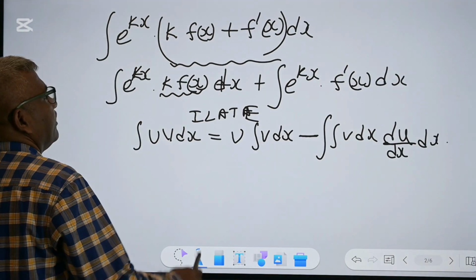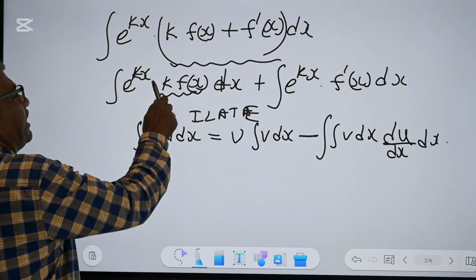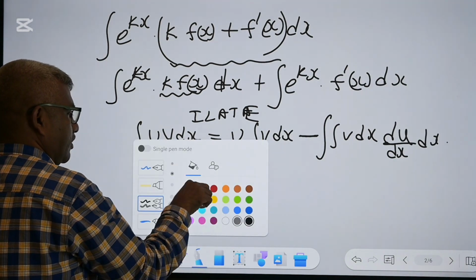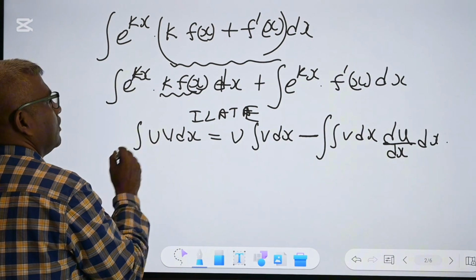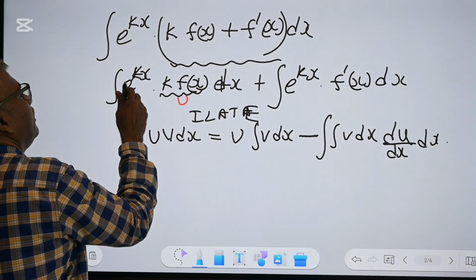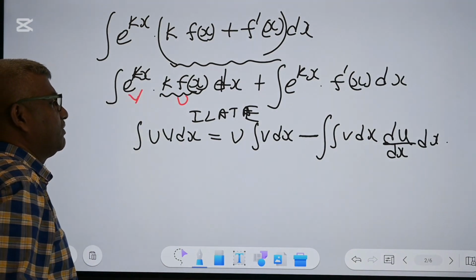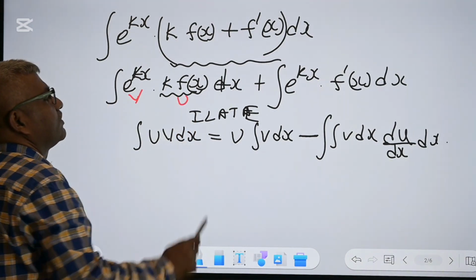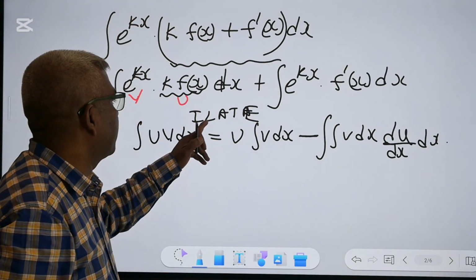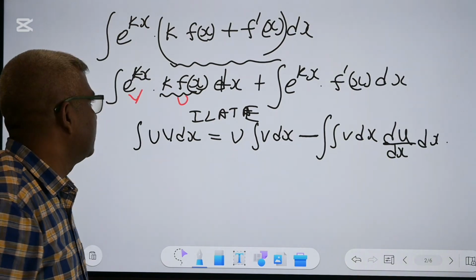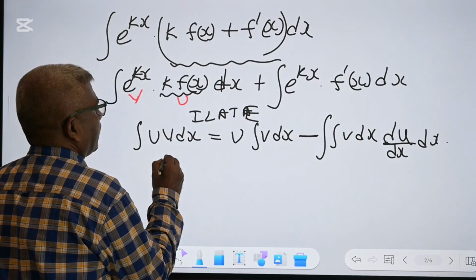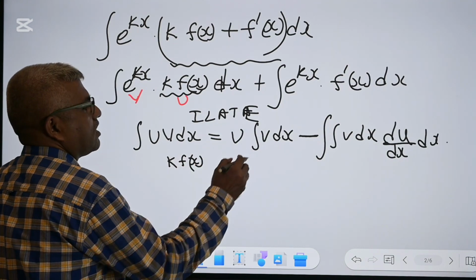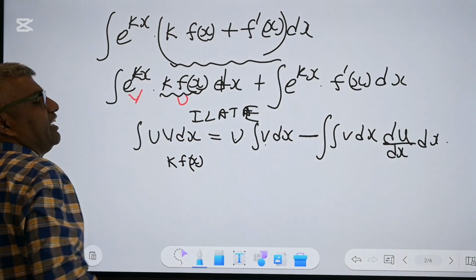Okay, now I am rearranging this. k f(x) is u, e^(kx) is v. Why did I choose k f(x) as u? Because algebra is coming first. k f(x), u I write; v, integration of v dx.